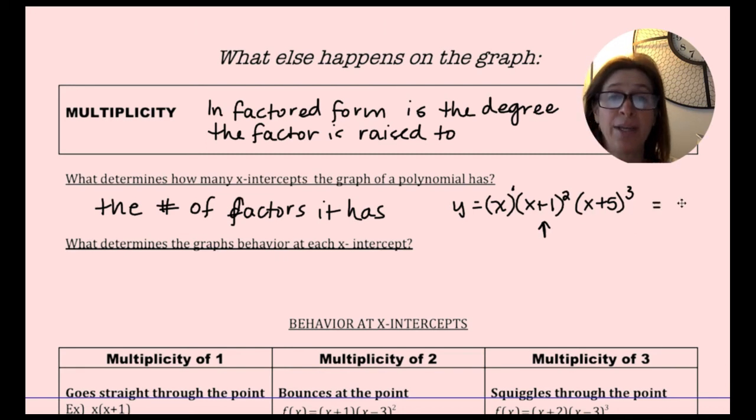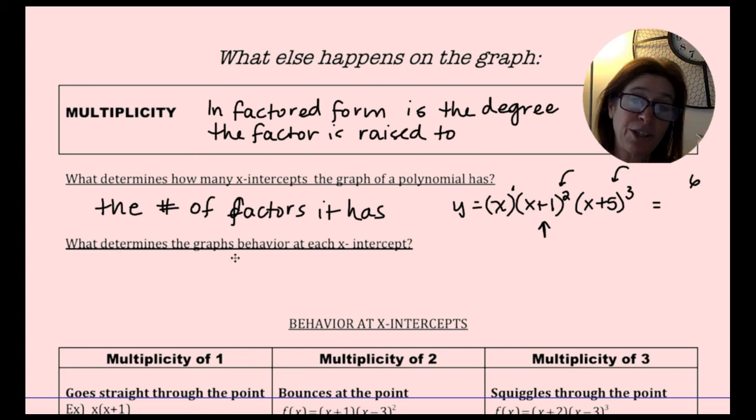So its degree is 6, which means it could have as many as 6 x-intercepts. But the multiplicity tells me how many are actually the same.